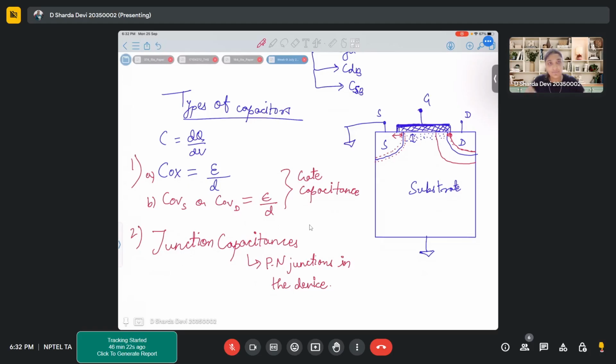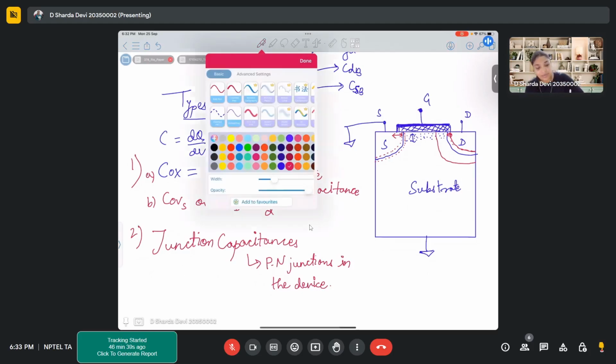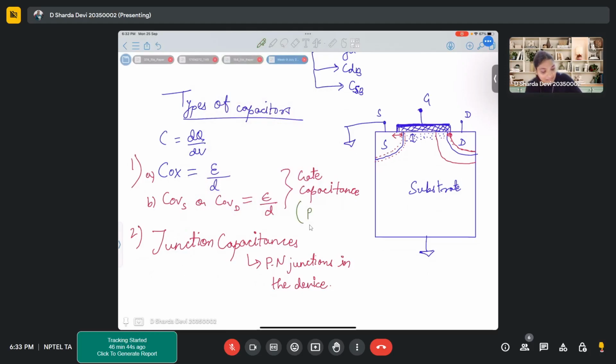Capacitance means epsilon A by D, yes, but in our case, all these capacitances are per unit area capacitances. So when we talk about devices, we talk about capacitance per unit area.